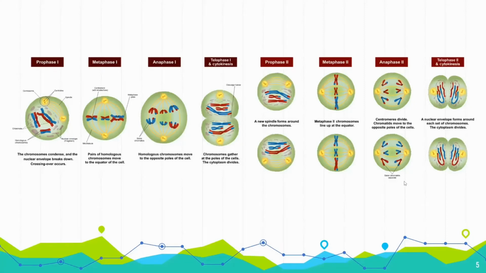Next, I'll be going into the process of meiosis. So here in prophase 1, each chromosome pairs with its homologue, and crossing over occurs at the chiasmata, and microtubules attach to the kinetochores. In metaphase 1, the pairs of homologous chromosomes line up in the middle at the metaphase plate.